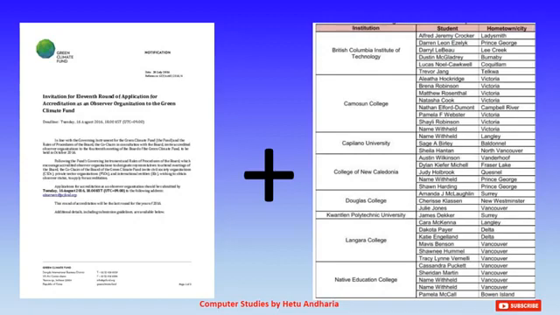The first document could be a letter or invitation or anything, and the second document will be the list of the recipients. Okay, I am sure that you are not yet clear, so I will explain this concept with the help of an example.